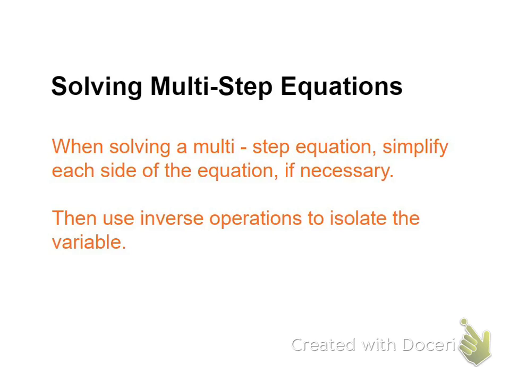When solving a multi-step equation, simplify each side of the equation if necessary. Then use inverse operations to isolate the variable. So remember what I've said about listening, reading, then writing? So if I were to put solving multi-step equations, 1, what's the first thing it says to do?